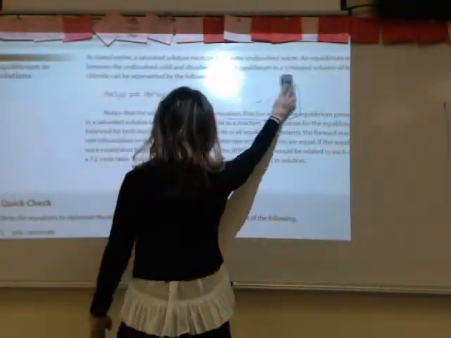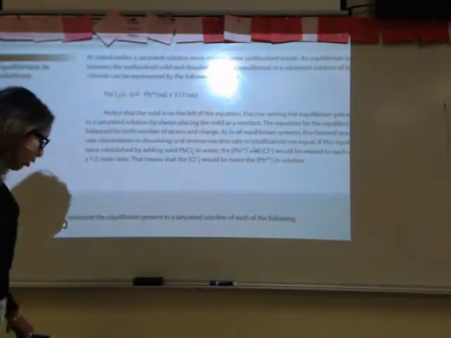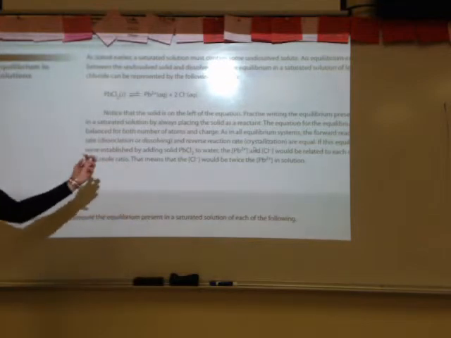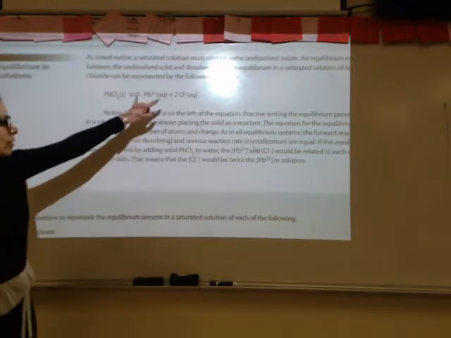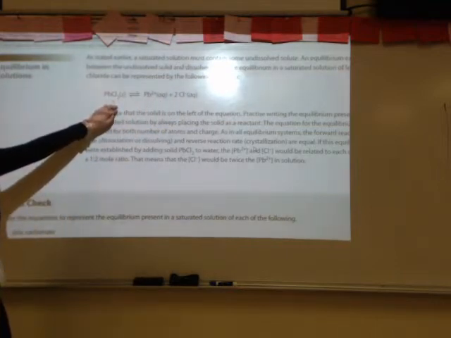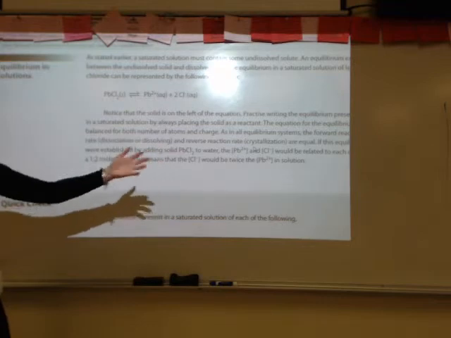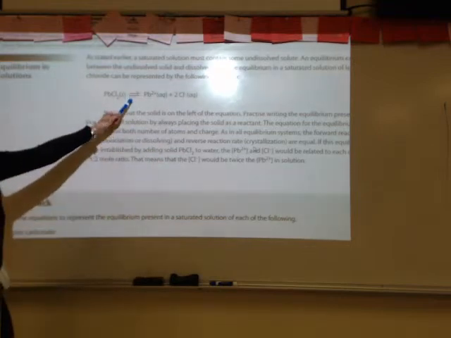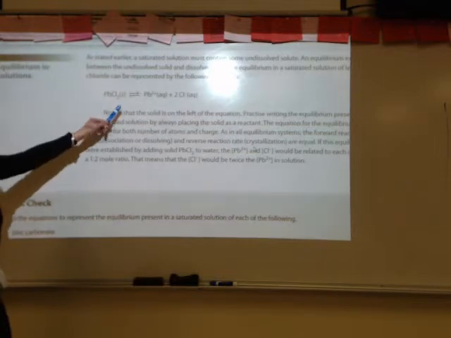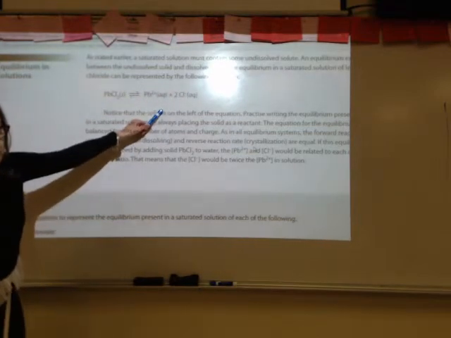Equilibrium in solutions means you are simultaneously dissolving solid and forming ions, and the ions are recombining to recrystallize and form solids. So this is a forward and backwards process, hence the double arrows here. So you'll have your solid here when you're at equilibrium, and then you'll have your ions over here, okay?